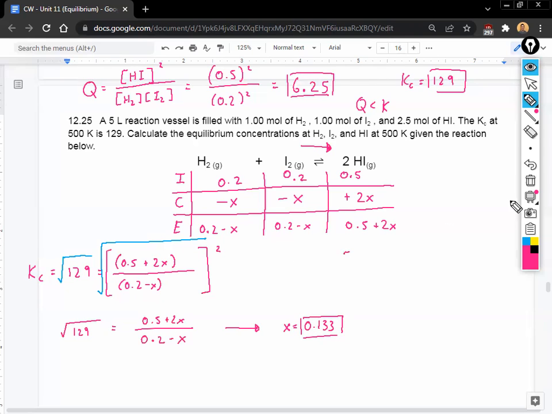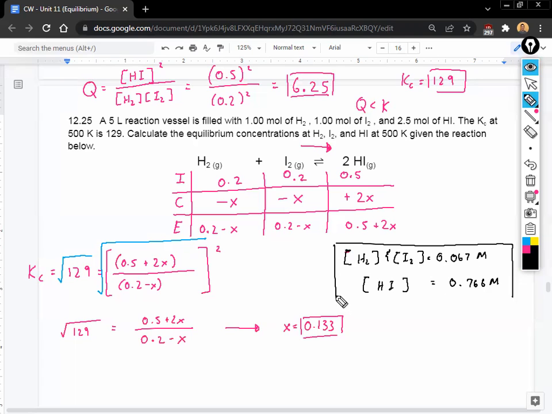That means the concentration of H2 and I2 is going to equal 0.067 molarity. And the concentration of HI is going to equal 0.766 molarity. So this is going to be your final answer.